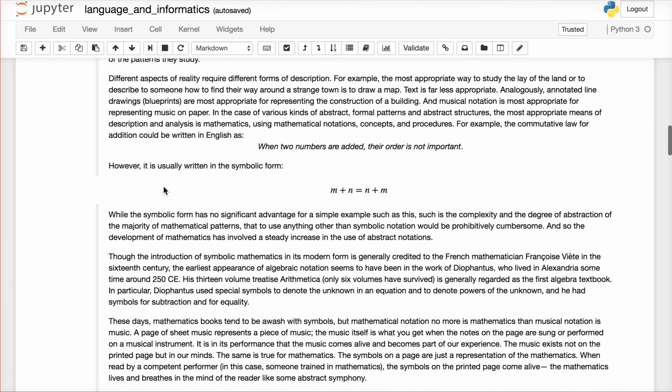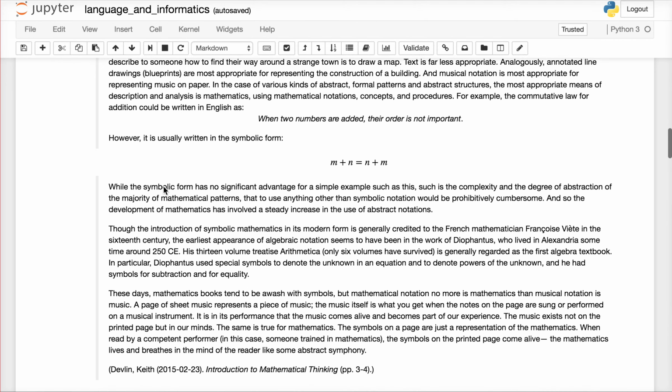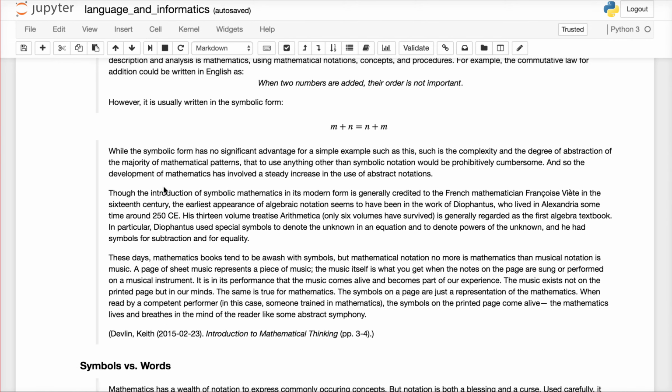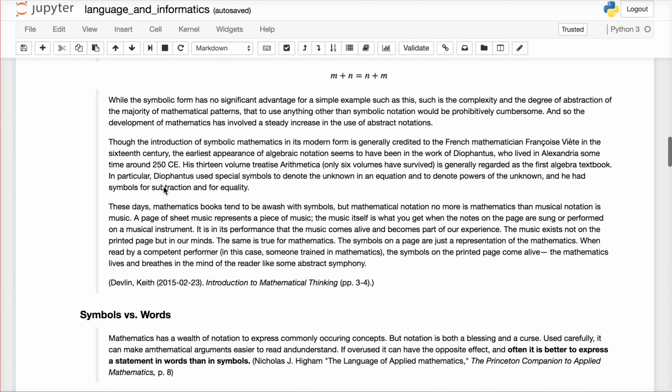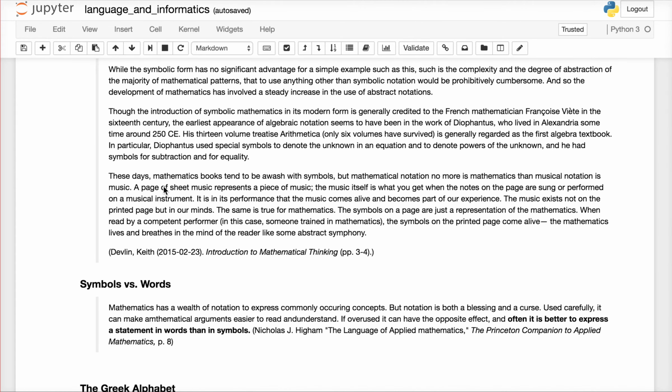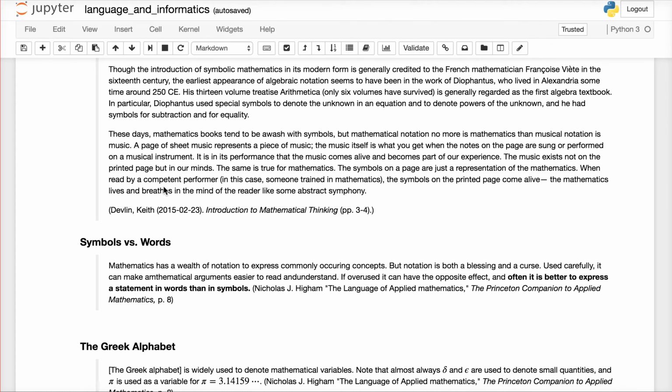Here are some readings for you to go over where Keith Devlin at Stanford University is discussing the advantages of the symbolic representation that has been developed in mathematics over the millennia. Of course, anything that we represent in symbols, we can also represent in plain English words, and there's a trade-off between which is most valuable, and it depends also on what the setting is.